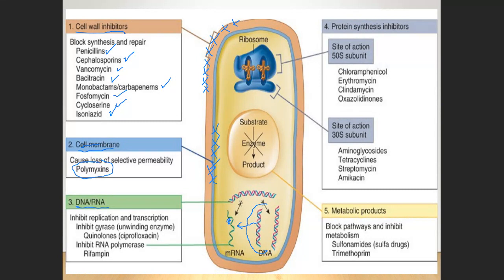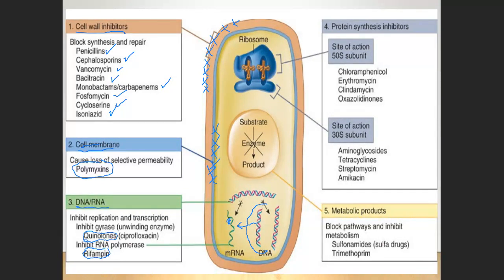So there are some drugs that actually block this process, the nucleic acid synthesis. Examples are the quinolones. Rifampin, for example, is also used to block this DNA and RNA synthesis.